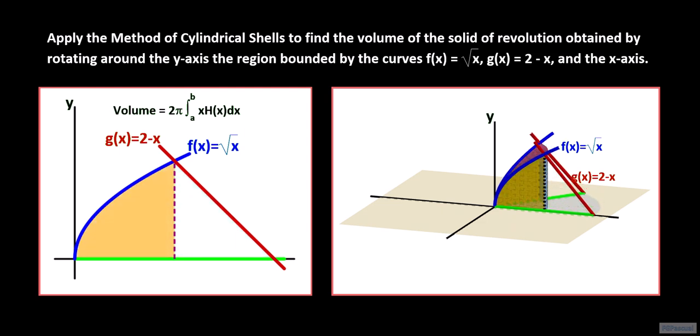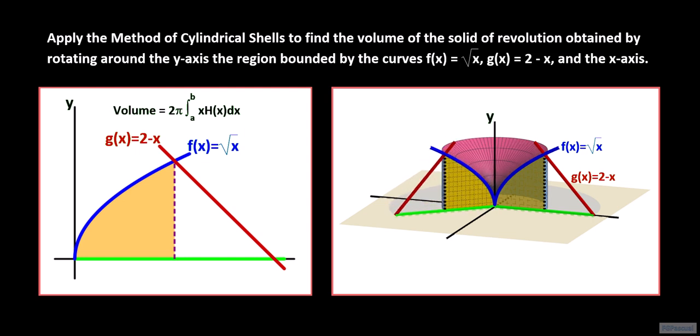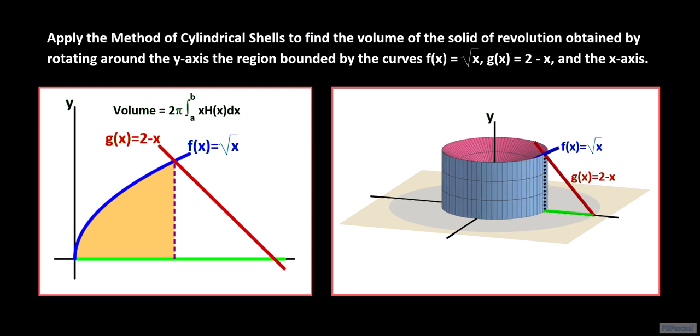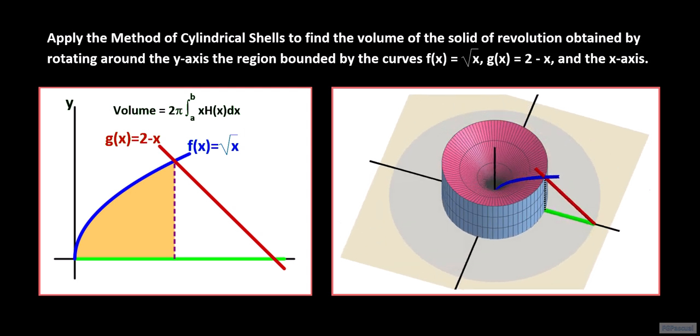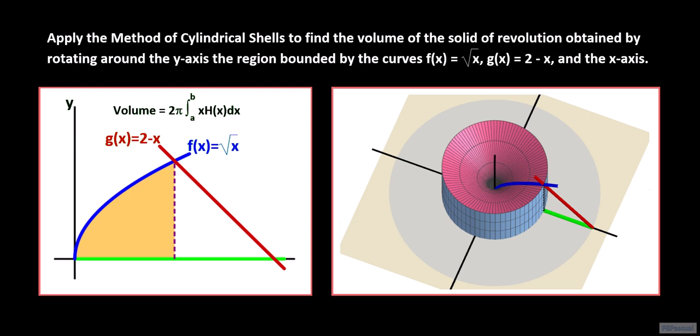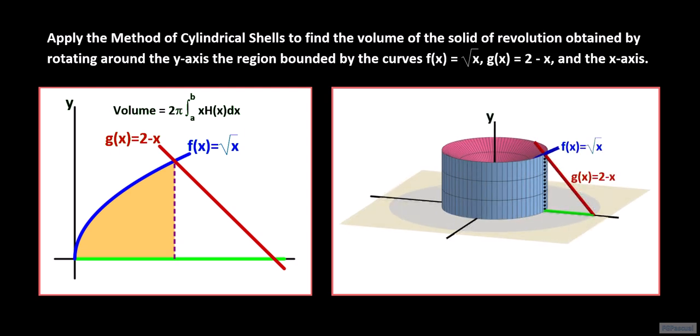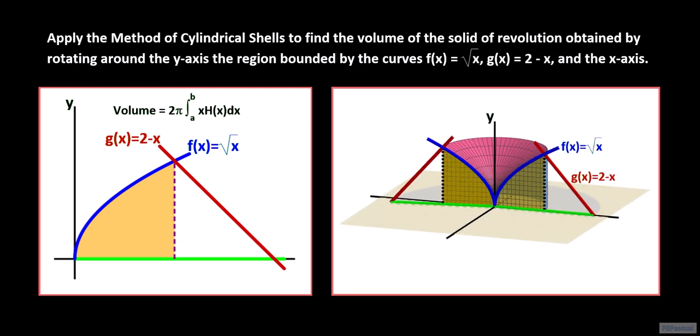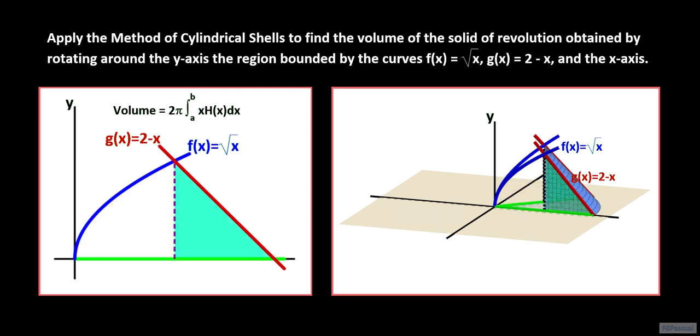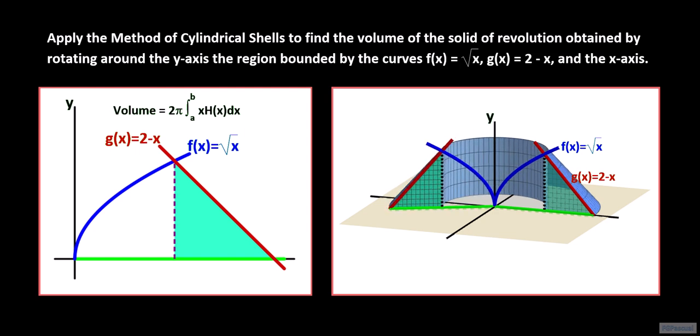One solid, which is the inner part, is generated by the region bounded above by f of x equals the square root of x. The second portion, which is the outer part of the entire solid of revolution, is generated by the region bounded above by g of x equals 2 minus x.